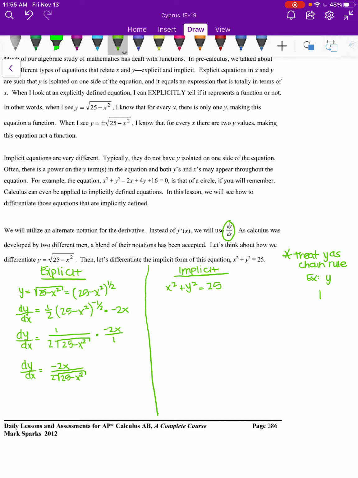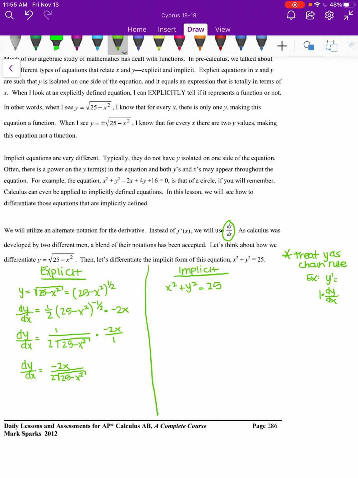But then I still have to multiply by the derivative of the inside, the derivative of y in terms of x. So I'm multiplying by dy dx. So y prime is equal to 1 times dy dx, which is why y prime and dy dx are the same, just different notations. Okay.